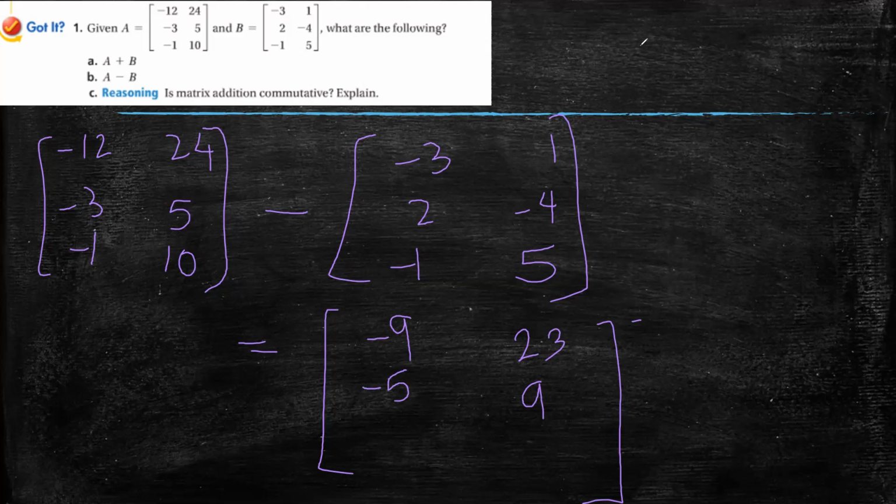Negative 1 minus negative 1, or negative 1 plus 1, which is 0. 10 minus 5, which is 5. Is it clear? Yes, teacher.